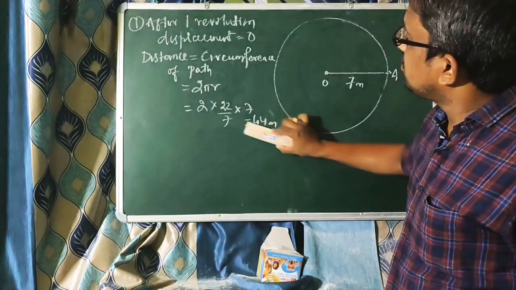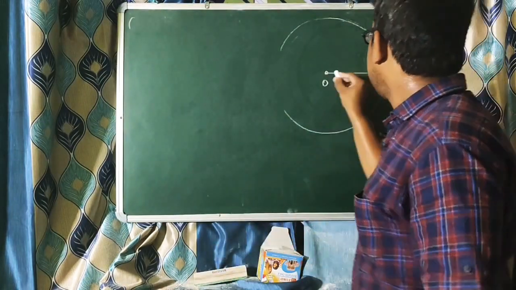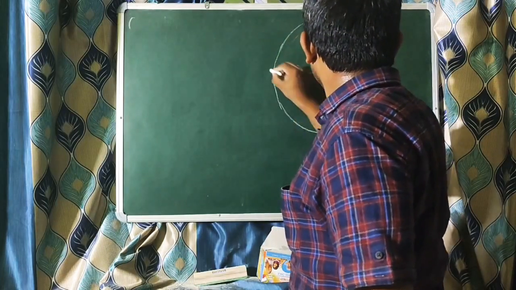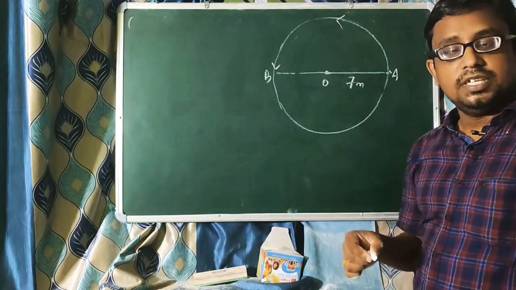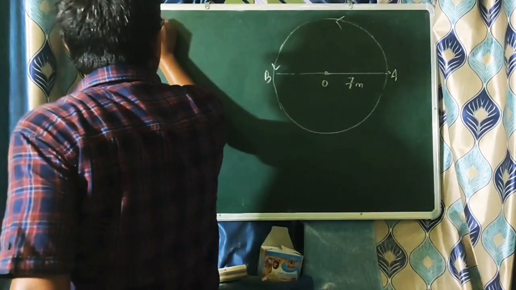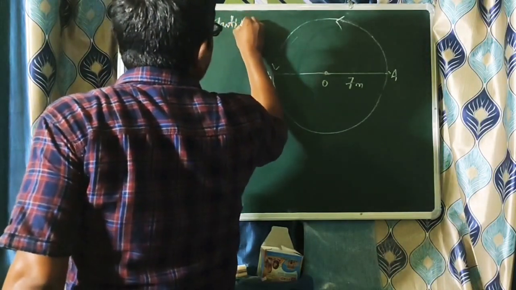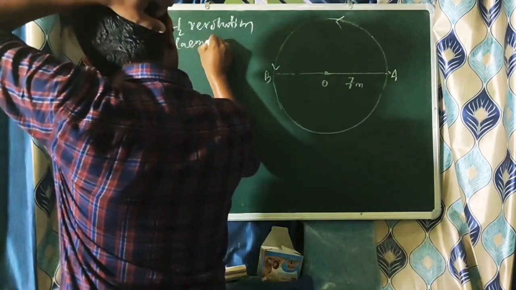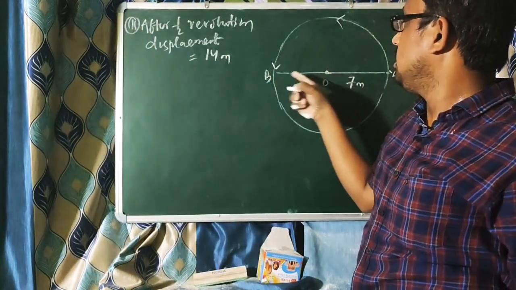Next point, after half revolution. See here, after half revolution, the car will reach point B. So after half revolution, displacement will be 14 meter, because this is the radius and this is the diameter.